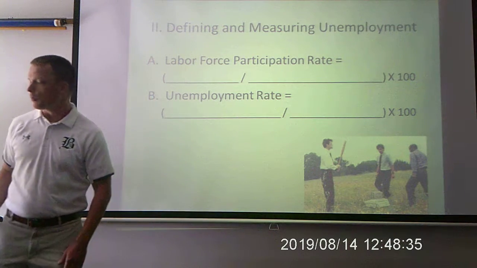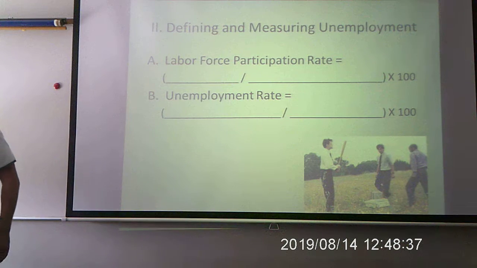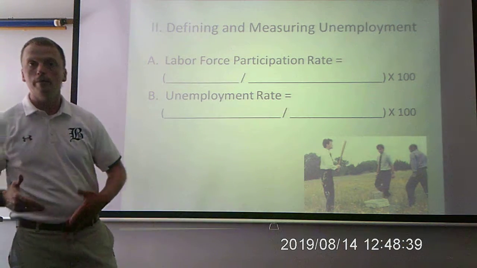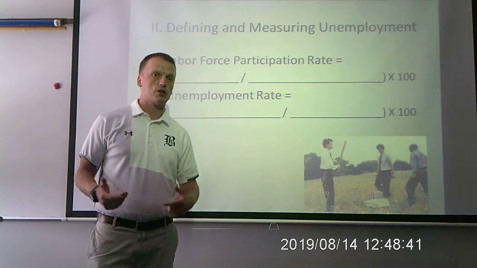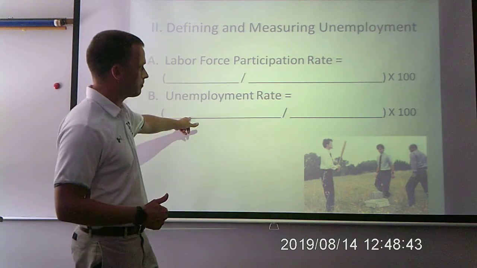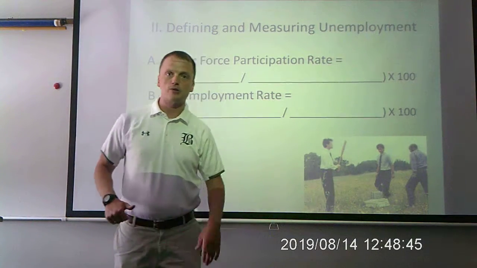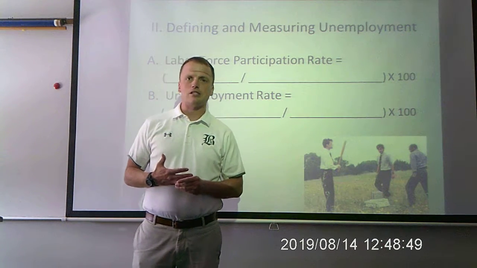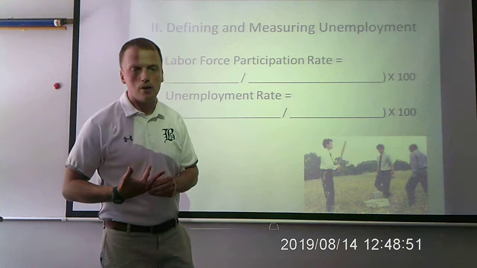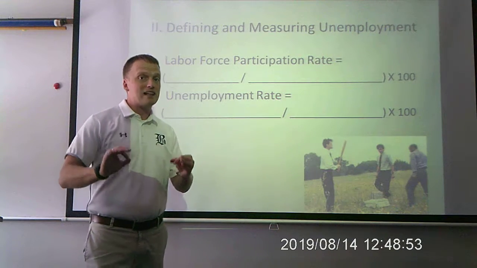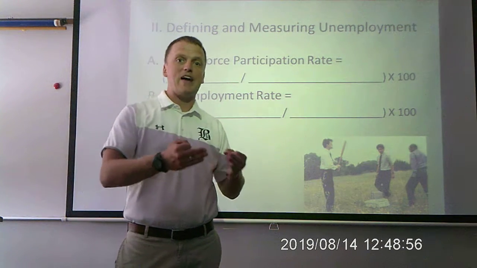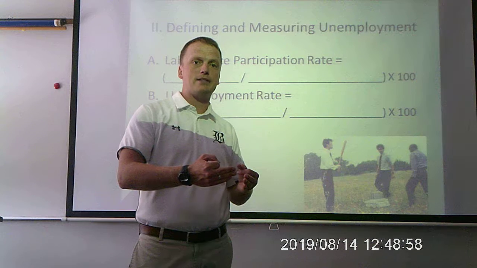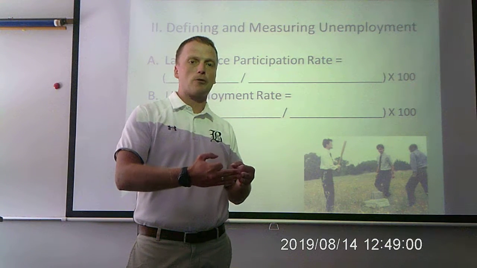Unemployment rate. The unemployment rate is unemployment over the labor force. Unemployment rate today, I think it's about 3.7% or so. And as we said before, that's a bit understated because there are factors that go into that that might not be ideal for people.